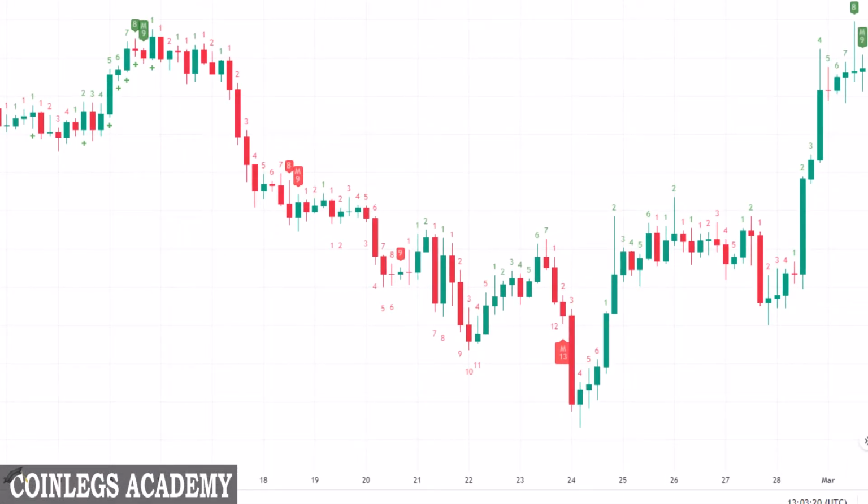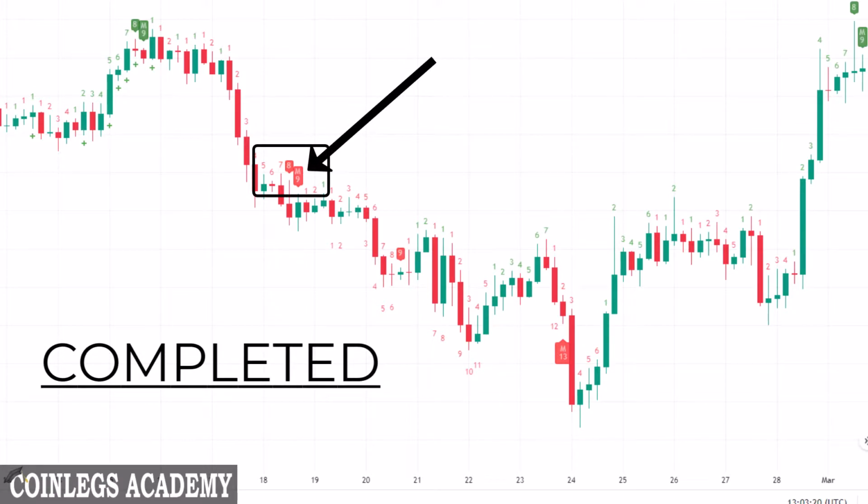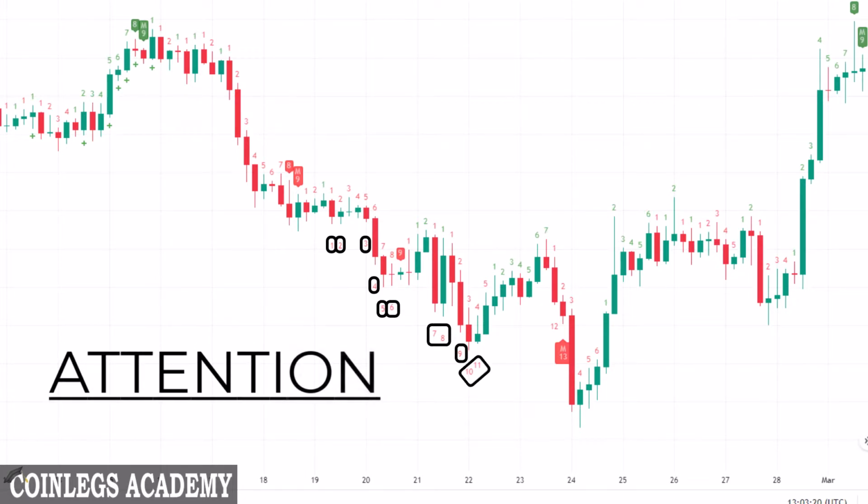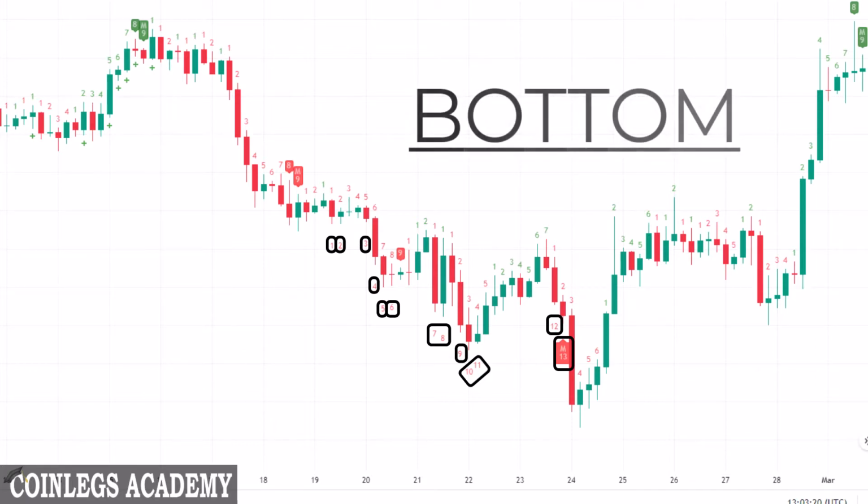Before our buy countdown begins, we must have a completed 9 count from the setup part. As you can see, here we have that one. It's at the bottom. After you get this part, you should pay special attention to this. The 13 count should be on the bottom and we should follow it.